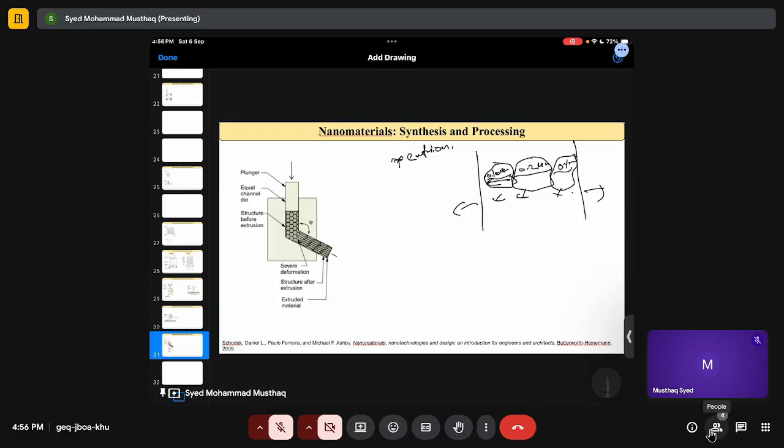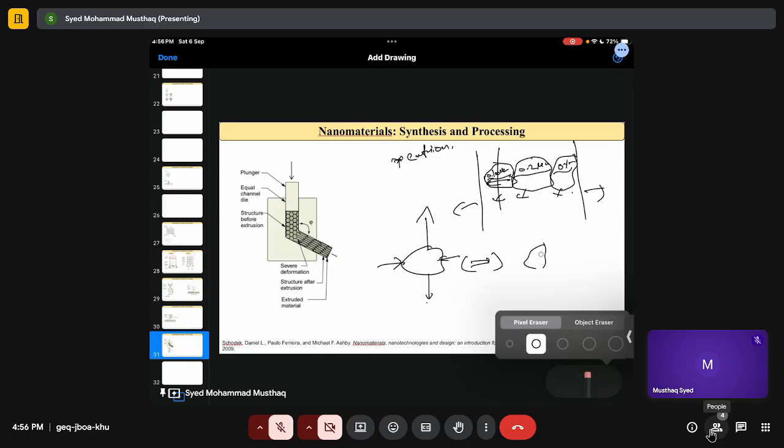I extrude it, right? If I want to reduce the thickness, I may elongate this part. So if I have a particle like this, and I want to reduce this dimension, I can increase this dimension, then the conservation of mass will kick in. It's all about the material flowability, okay?